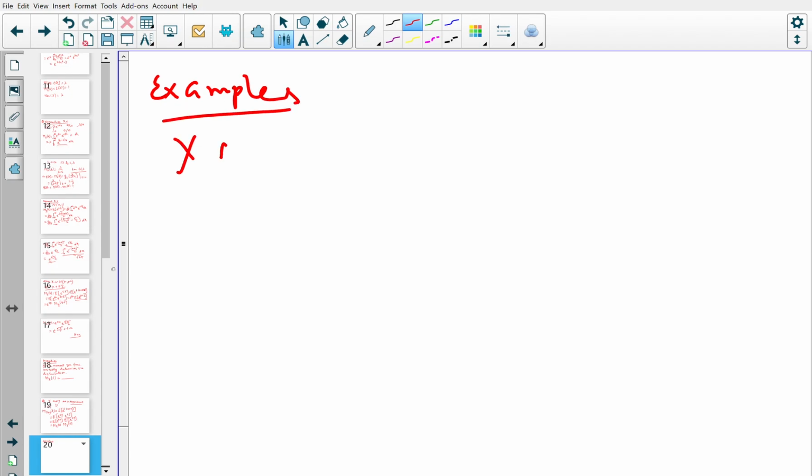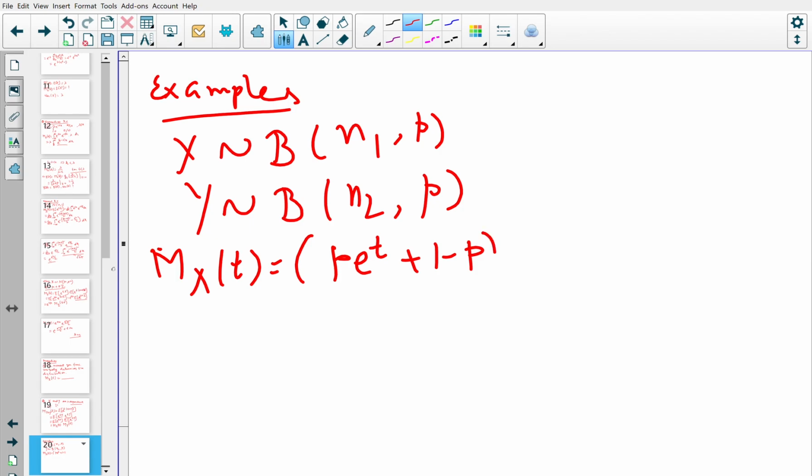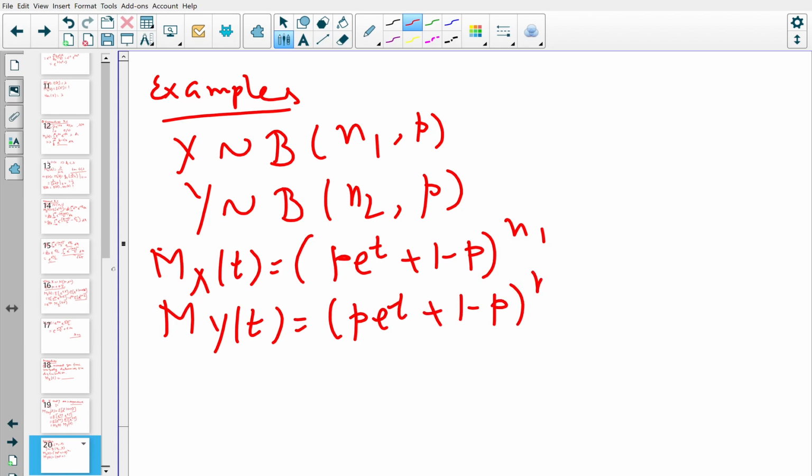So suppose X is binomial (n1, p) and Y is binomial (n2, p), and then you know that M_X of t is nothing but, remember, (p e power t plus 1 minus p) to the power n1. Okay, and for Y this will be (p e power t plus 1 minus p) to the power n2.